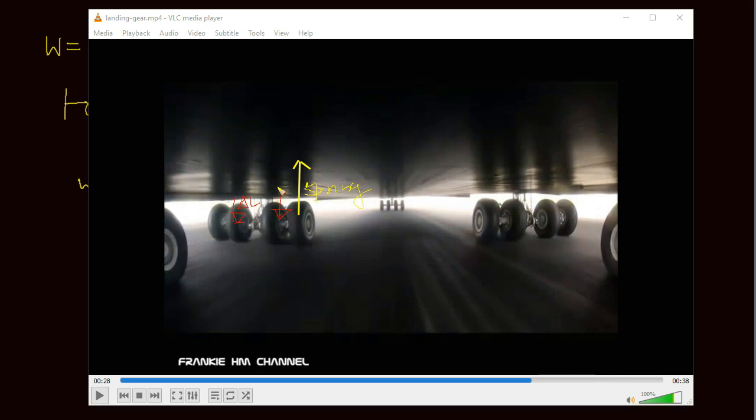So the work done by the plane, because of this force being in the same direction as delta L, is positive. Work done by the spring is negative.